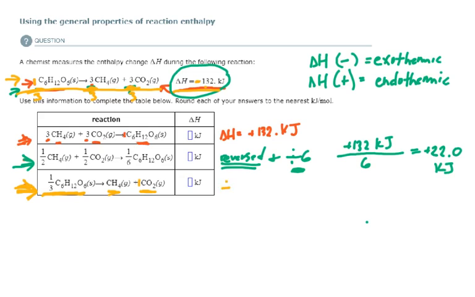So in this case, all I've done is divide the substance amounts by 3. And so to find the enthalpy change for this reaction, I'm going to take the enthalpy change for the given reaction, which was negative 132 kilojoules, and I'm going to divide that by 3. The final answer should be negative because, again, I have not reversed the process. It should still be exothermic. And for my answer, sticking with 3 significant figures, I get negative 44.0 kilojoules.